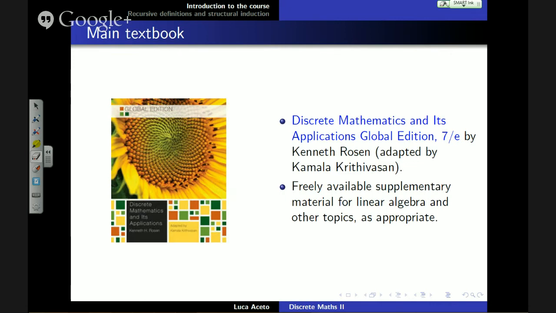Okay, for some other parts of the course, namely linear algebra, which is not covered in this book, I will give you photocopies from some other book. So you don't need to buy anything else. In fact, most of you already have a version of this book from Discrete Maths 1, so you don't have to buy anything. Good, because I know how expensive the books are there. I'm also responsible for one of those, and I apologize.